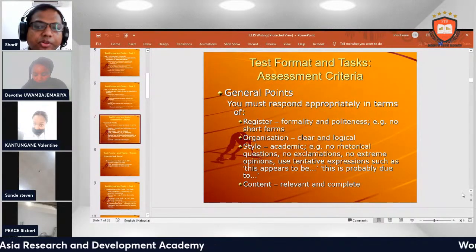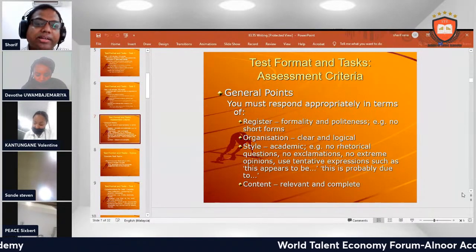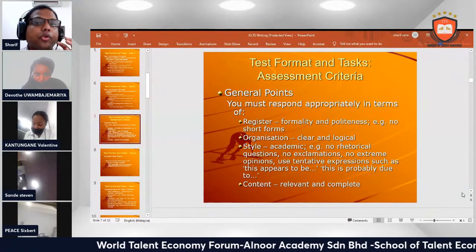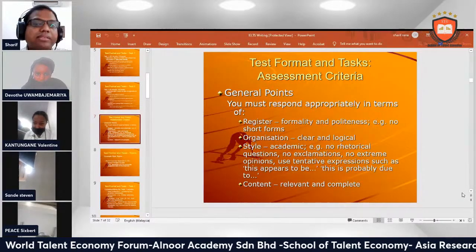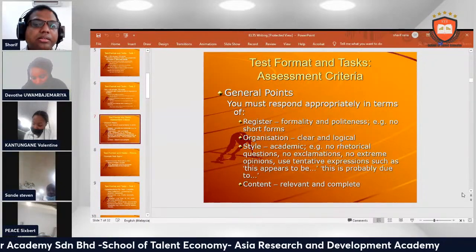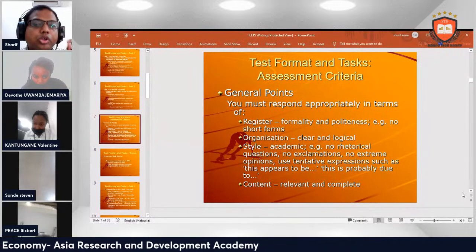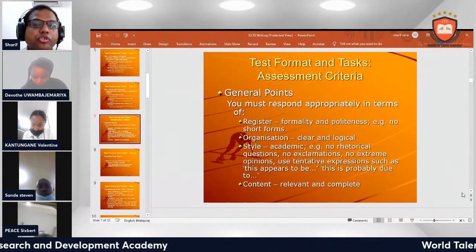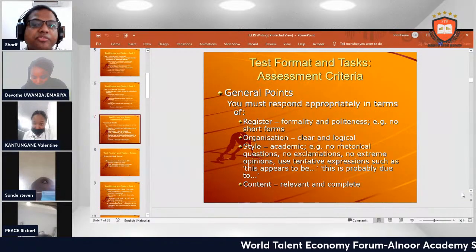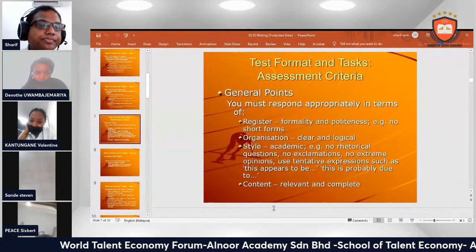Use tentative expressions such as this appears to be, this is probably due to. Content should be relevant and complete. So you have to go for organized ideas, which must be very clear and logical. You need an academic style. You cannot use rhetorical questions, no exclamations, no extreme opinion. Use tentative expressions such as these appear to be.